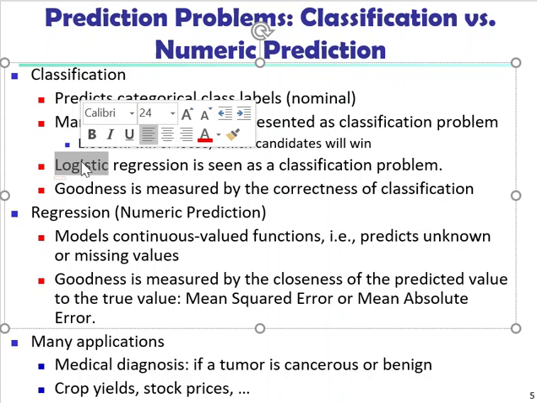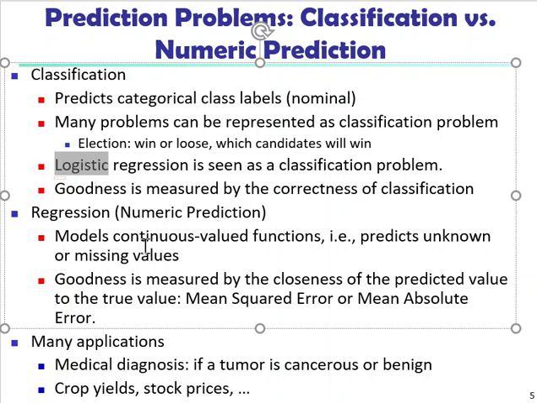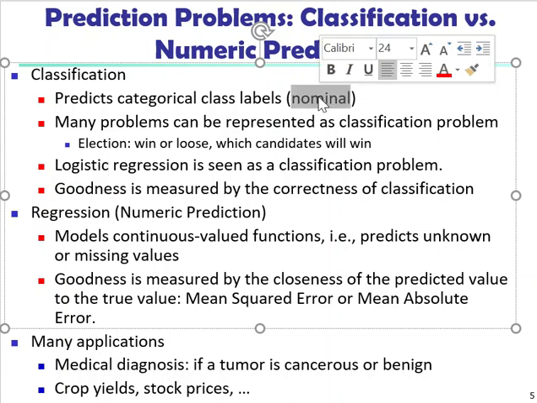I also want to mention that logistic regression classifies things into two binary decisions, so it's considered a classification problem rather than a numerical prediction problem. As we mentioned earlier, numerical prediction predicts continuous values, and classification methods predict nominal values, class labels.